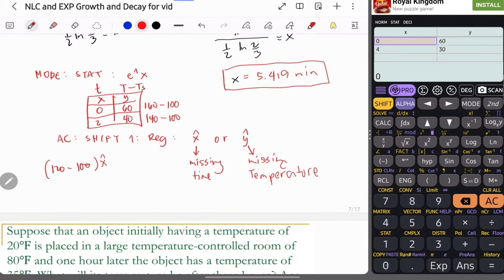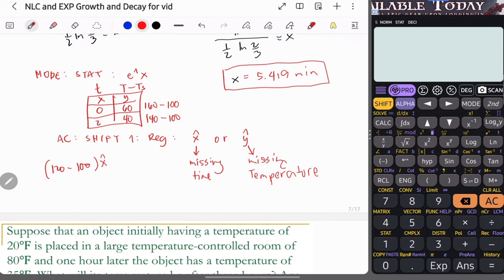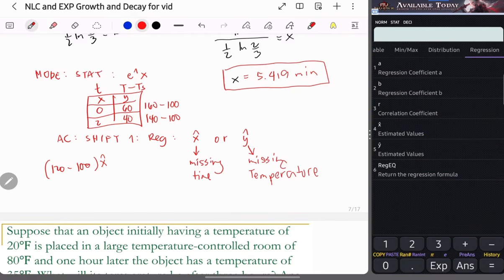So first, input 0. Next is 2. Here, 60. Next, 40. So when you are done inputting the data, AC shift 1.